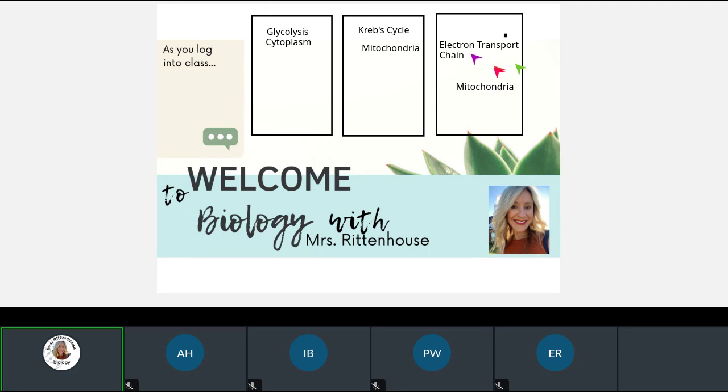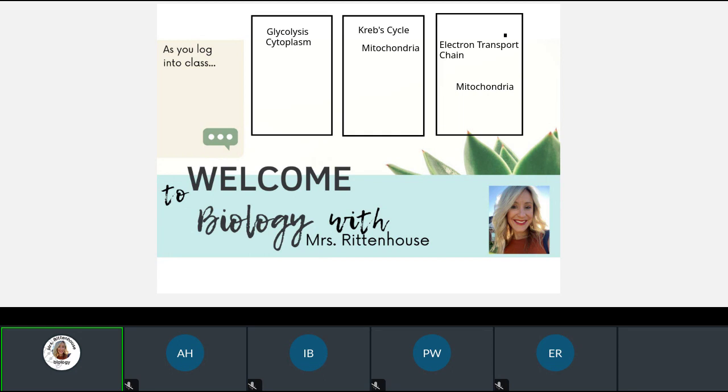Good. And what macromolecule from unit 2, what non-living molecule from unit 2, is so important for this energy making process? Yep, it is a carb.